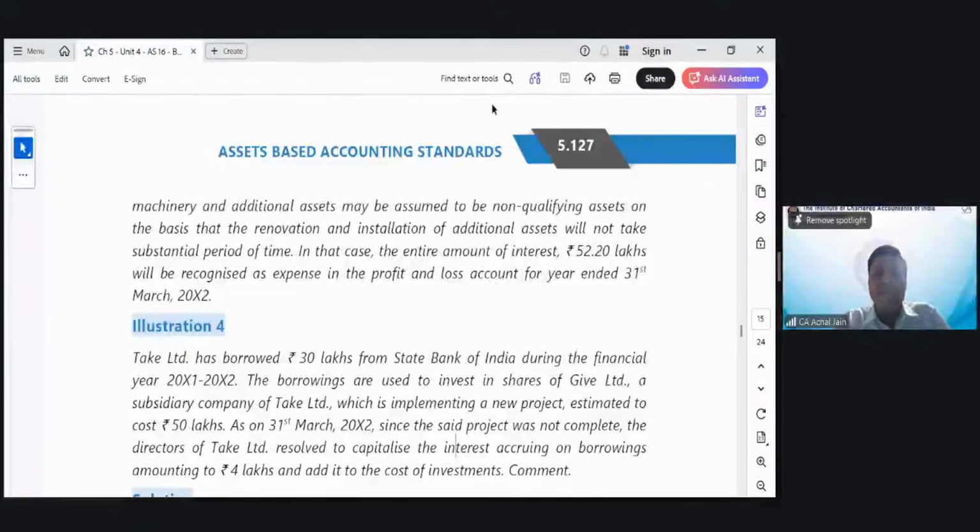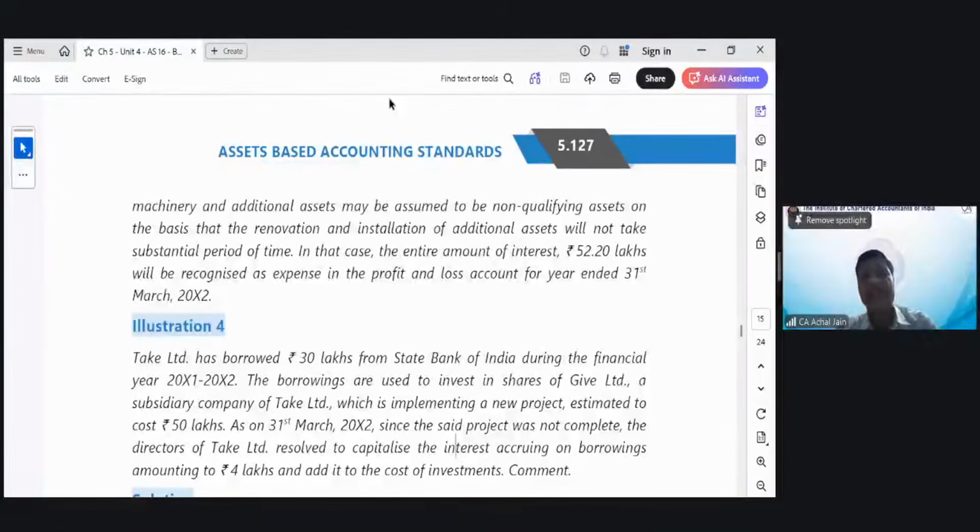Okay, in this case, what do you think should be the accounting treatment? Any thoughts? Over to you. Yes, anyone?